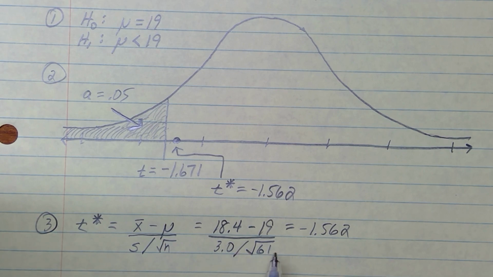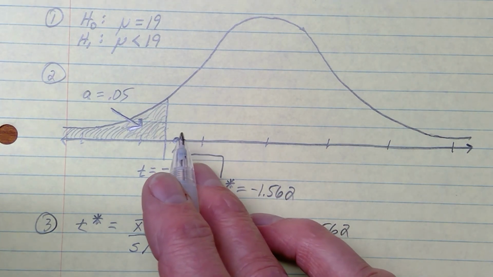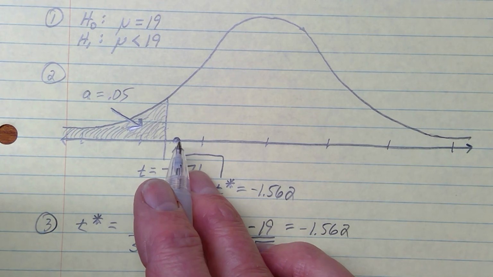That's what this part is right here. We're just adjusting the sample standard deviation. So I do the calculation, and my test statistic, the little star there, means it's the test statistic. It's the dot. It says you need to take about 1.5 steps to the left. So I take 1 step to the left and about half a step more, and my test statistic is going to land right there. You just put a big old dot right there.